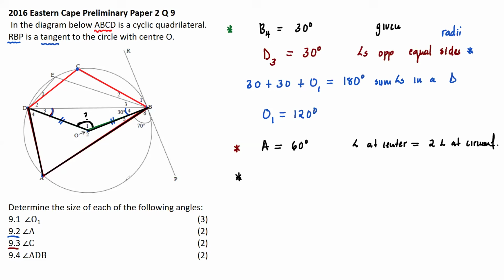Just one more time, remember the angle A is subtended, made by a line from D, this line here, and a line from B. So we say DB subtends A at the circumference and O1 at the center. I'm ready for the next one. Here we go.